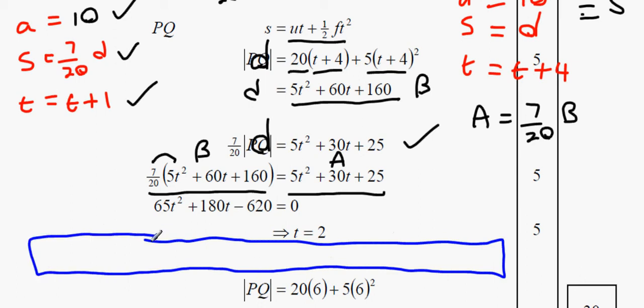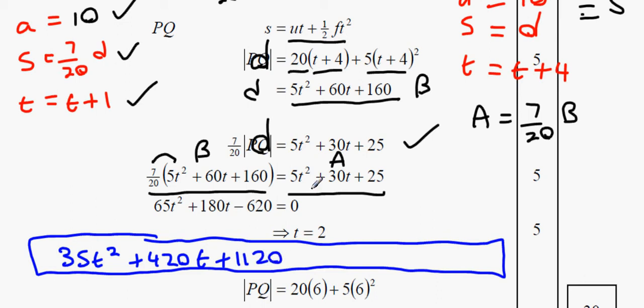So 7 times 5t squared is 35t squared. 7 times 60 is 420t. 7 multiplied by 160 is 1120.